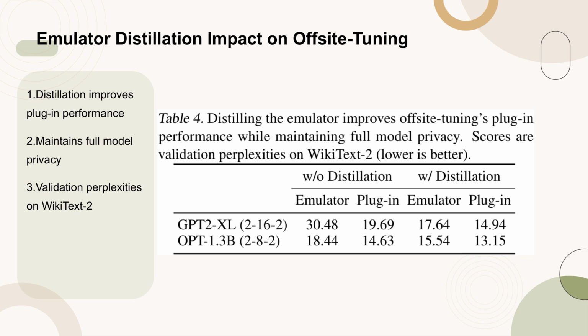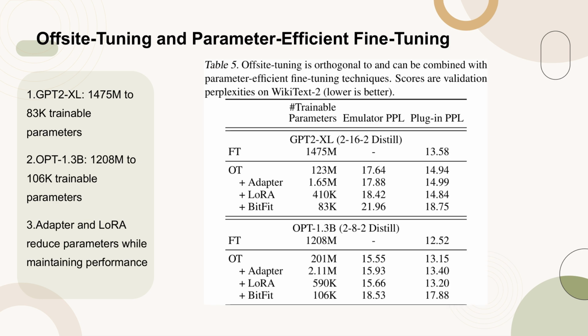This suggests that further improvements in parameter efficiency for the emulator could be achieved with additional computational resources for more distillation epochs. Table 5 illustrates the combination of offsite-tuning with parameter-efficient fine-tuning techniques, showing validation perplexities on the Wikitext2 dataset. For the GPT-2XL model, the number of trainable parameters is significantly reduced from 1475 million to 83,000 with techniques like adapter tuning and LoRA, while maintaining competitive performance.